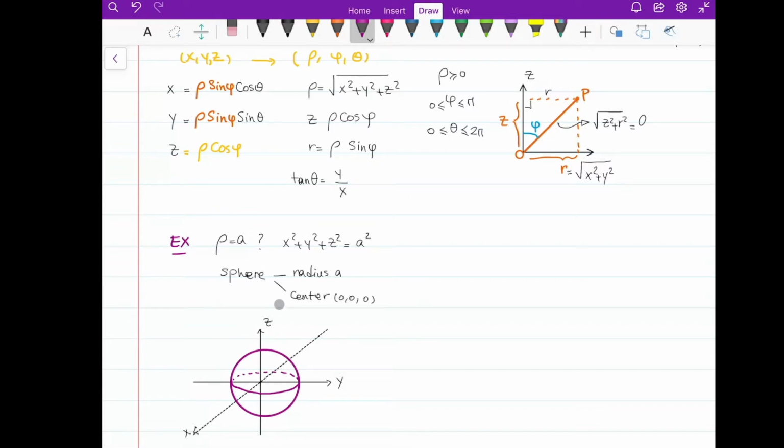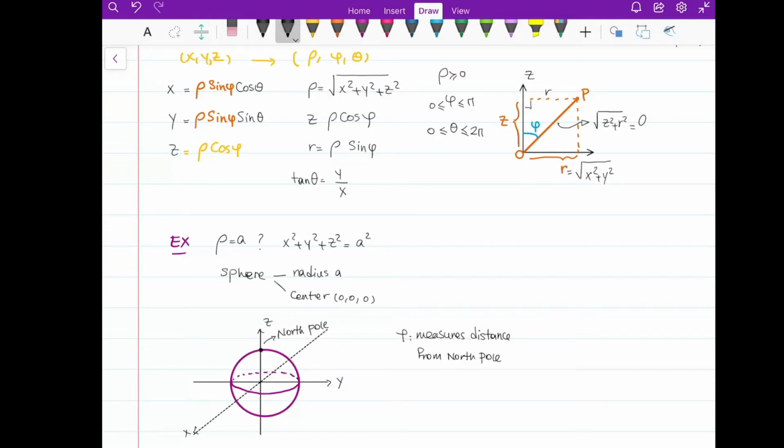Okay, and inside the sphere I have something very cool to say, is that phi basically measures the distance from the North Pole, which is here. I can consider this as the North Pole, and phi measures distance from North Pole.